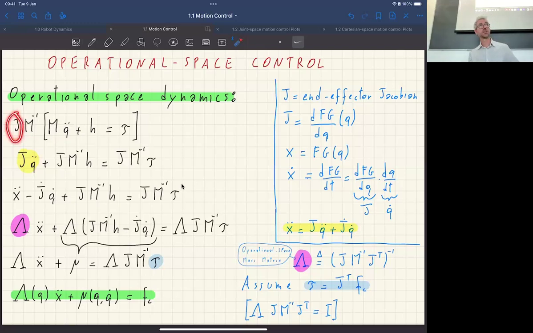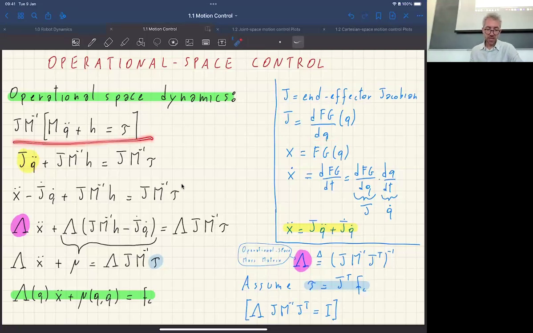J, we have already seen this. Do you remember? What's J? The Jacobian matrix, yeah. I'm going to call it the end effector Jacobian to be accurate. And you can define J as the derivative of the forward geometry function with respect to the joint angles.